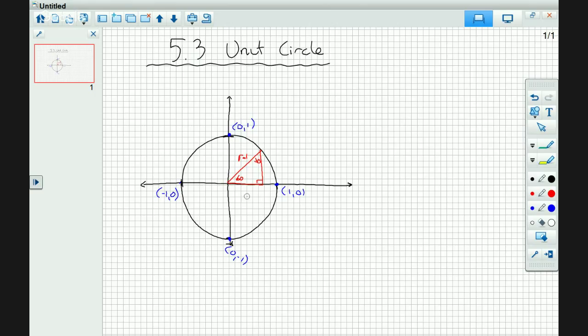This is 1. That means this is 1/2, and this is √3/2, correct? We agree to that. So in a 30, 60, 90 triangle, if the short side is 1/2, my hypotenuse is twice it, and we multiply by root 3 to get that side, right? Yay or nay?